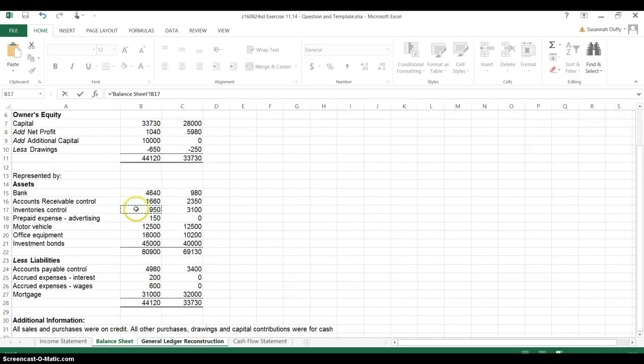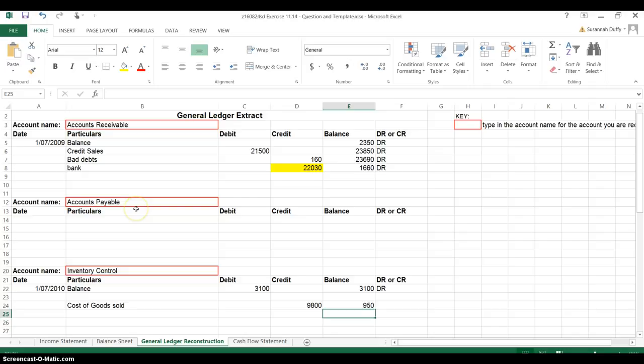So inventory control, 950. If we work our way back up here, we know that to get the balance before, it has to be the 950 plus 9,800. Okay, and then we see that we jumped from 3,100 to this 10,000.